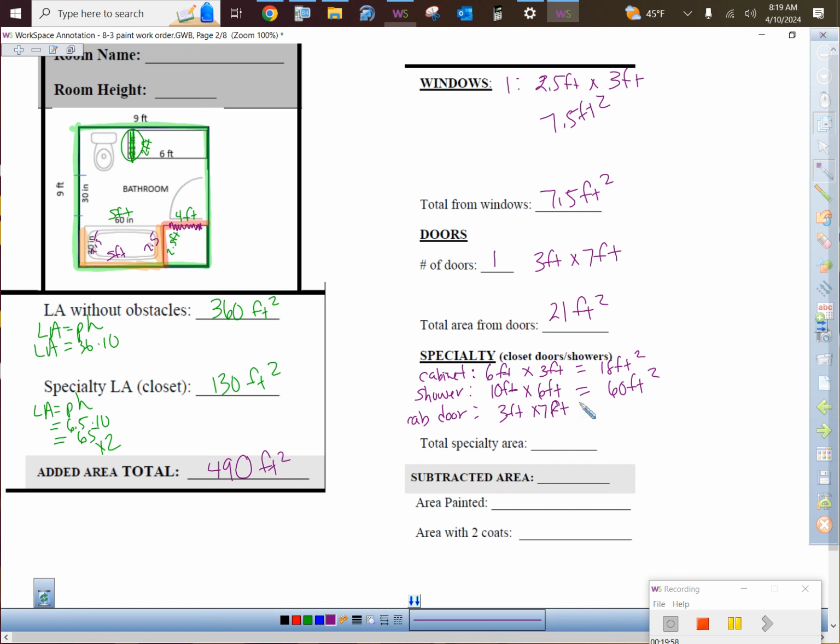Even if I wanted a top cabinet and a bottom cabinet, the area that it's going to take up is still going to be roughly 3 feet by 7 feet. So this doesn't have to be precision accuracy. It's how much area is taken away from where your door was. I did 21 square feet. So keep it simple for yourself.